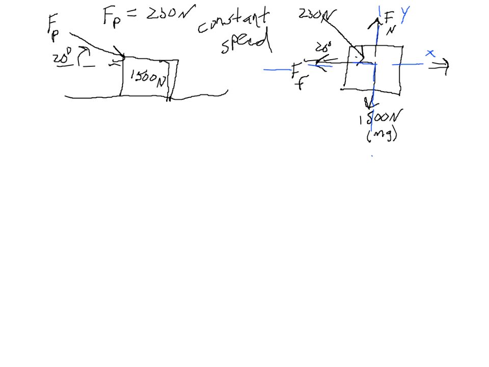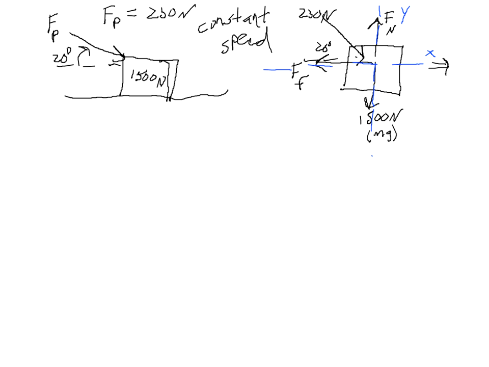The normal force and gravity have only a y component. The force of friction has only an x component. So the only thing that we need to resolve into x and y components would be the 230 newton push.